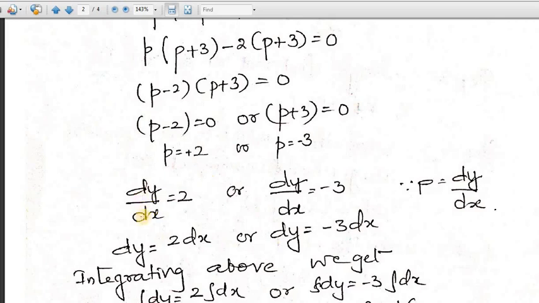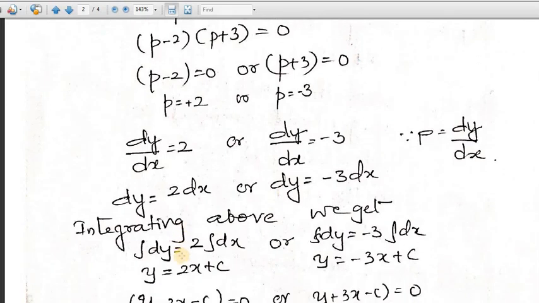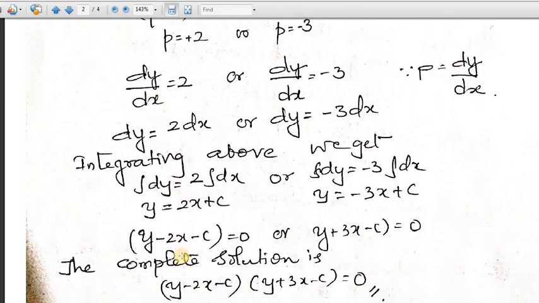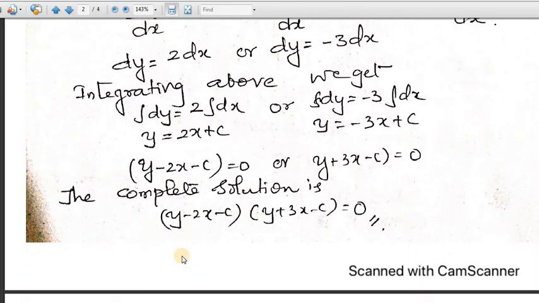Cross multiplying, dy equals 2 dx, or dy equals minus 3 dx. These two differential equations are solved by integrating. Integrating the above equations, dy is integrated and we get y, and 2 dx is integrated, we get 2x plus c.